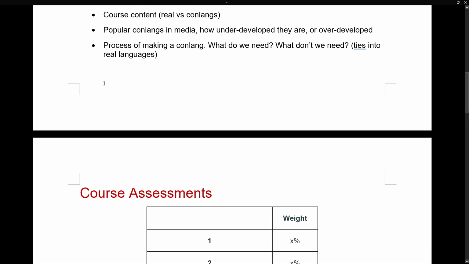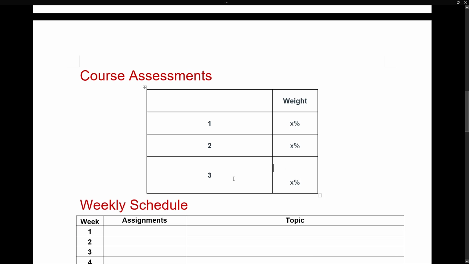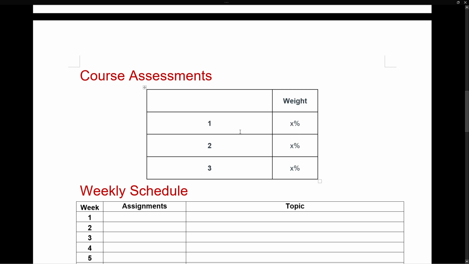So the next bit is course assessments. Now, when I don't have to do exams, I don't do exams. I don't have to do exams, so I'm not going to force any exams in this course. But what I do want, two X's there, that's weird. What's happening in this row? There we go. With course assessments, there's some things I always like doing.